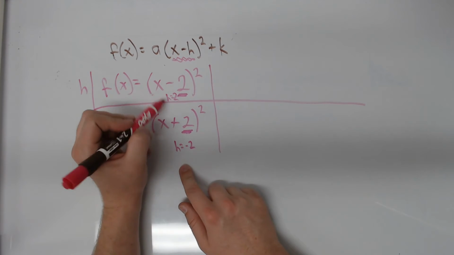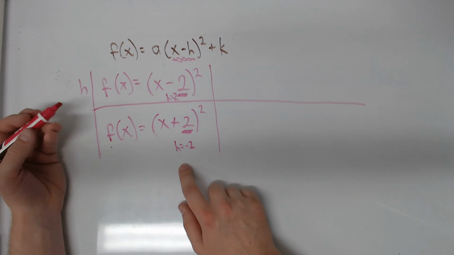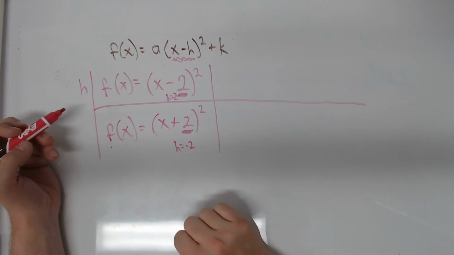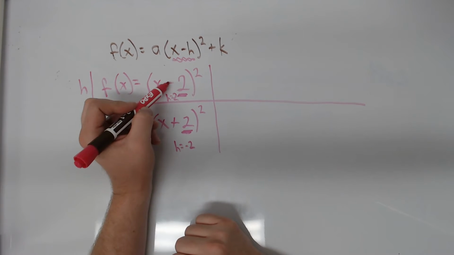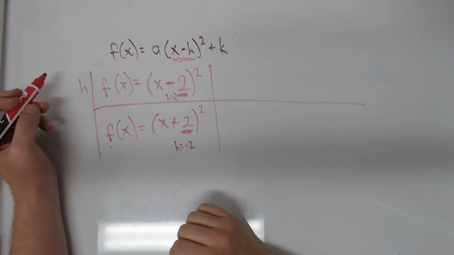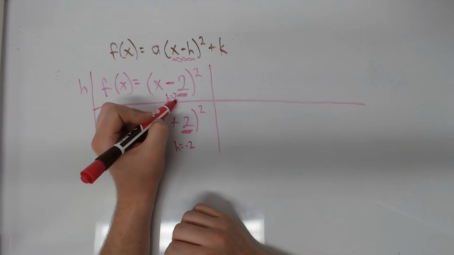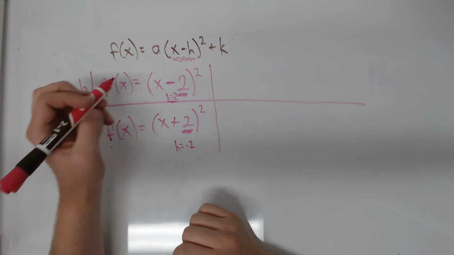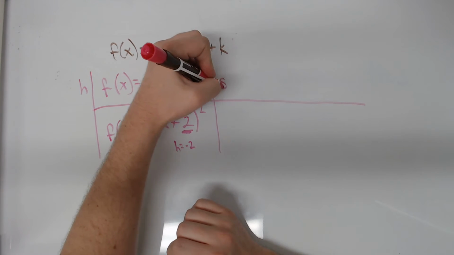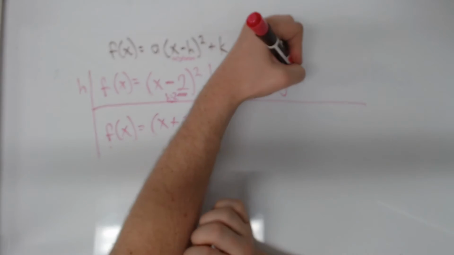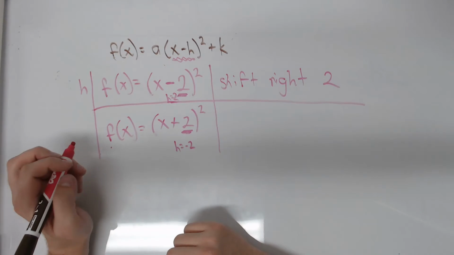But this is the one weird thing, is the stuff that happens inside the parentheses with x actually does the opposite work you expect. So the minus 2, normally we think minus is left, but because the h value is positive, the h value is what actually makes sense. This is right 2, shift right 2. You'd expect the minus to go left, but it actually goes to the right.